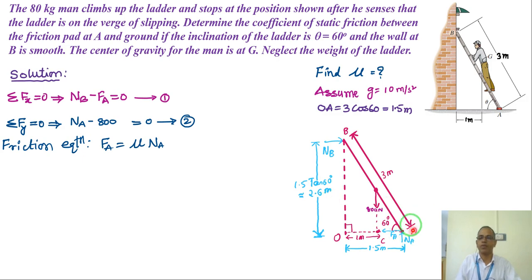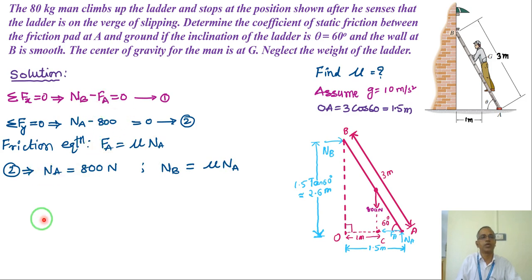I can take M at this point or at this point, but it is easy for me to take M at this point, right? So summation MA equal to 0. That means what are the forces apart from at A? This is one force, this is another force. That 800 into this distance, which is anti-clockwise, NB into this distance, which is clockwise, like this, right?